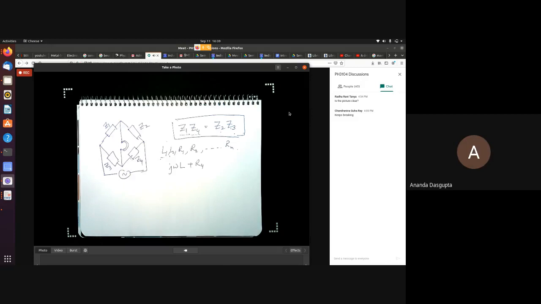In both cases, the response can happen because an electron can change its state and go to some other state. For that, it's essential to have empty levels nearby. When an electron does not have empty levels nearby, then even if you have lots and lots of electrons, those electrons will not take part in conduction. Is that okay? Yes, sir.